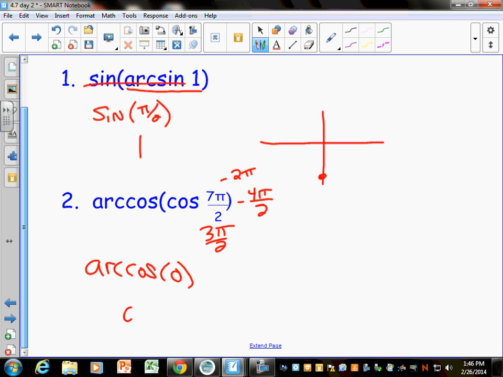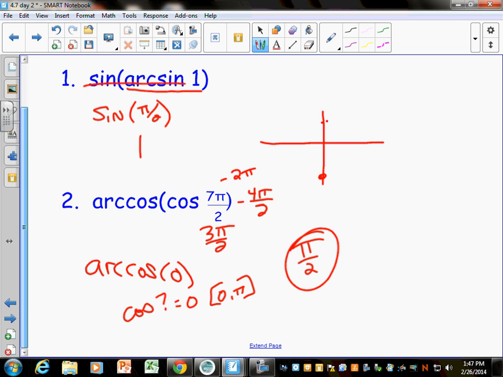It's like saying the cosine of what equals 0 between 0 and pi. That's what you've got to be going on in your head. So it's not 3 pi halves. It's not 7 pi halves. It has to be between 0 and pi. And the only angle between 0 and pi that has a cosine of 0 is pi halves.